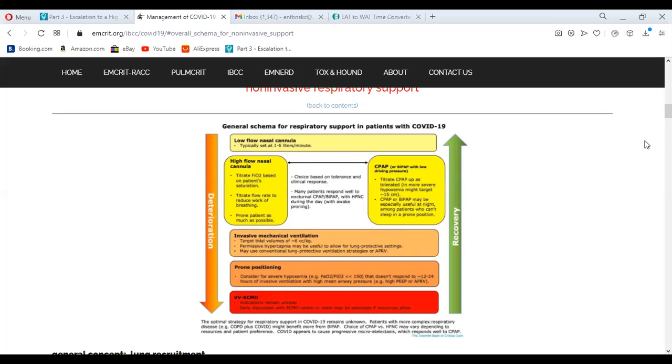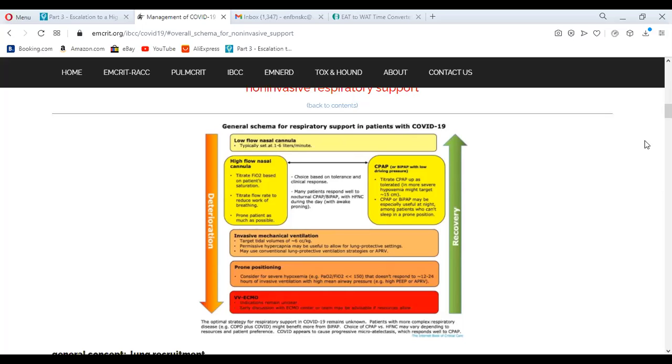This helps in increasing the flow and therefore increasing oxygen that's available to the body. Also, the FiO2 may need to be increased depending on which equipment you're using.